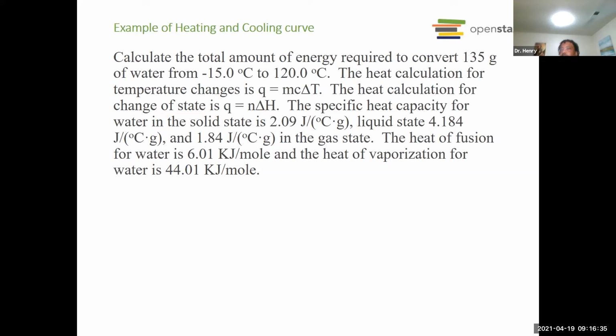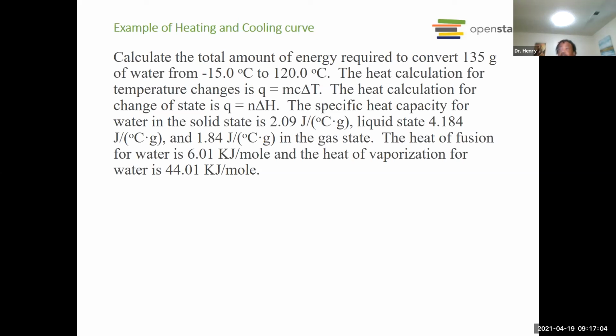So specific heat capacity for water in solid form is 2.09 joules per degree Celsius gram. Liquid state is 4.184 joules per degree Celsius gram, and gas state is 1.84 joules per degree Celsius gram in the gas state.